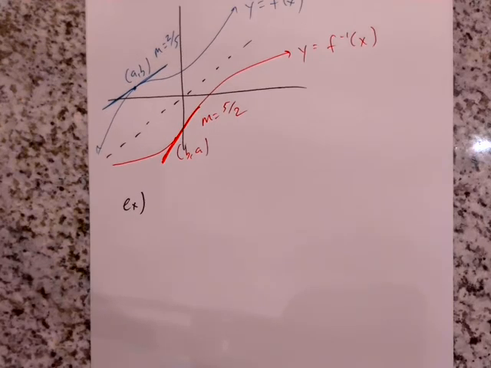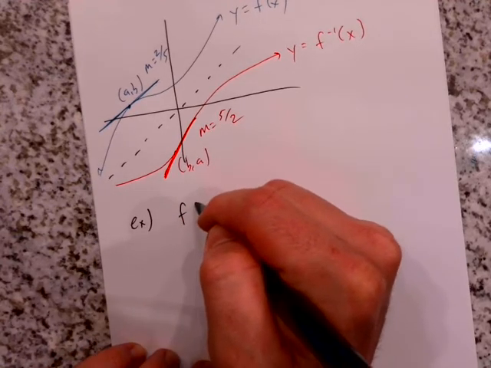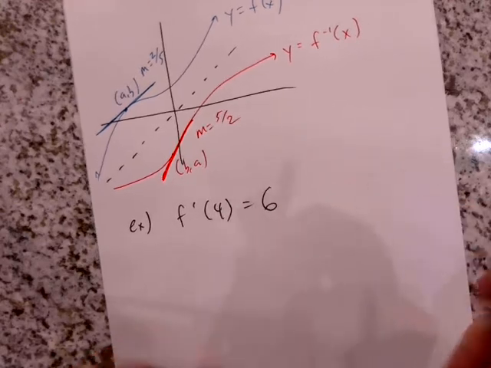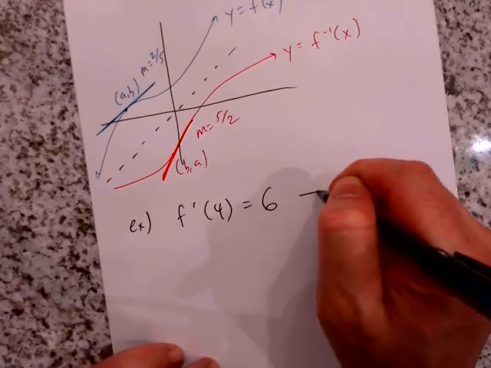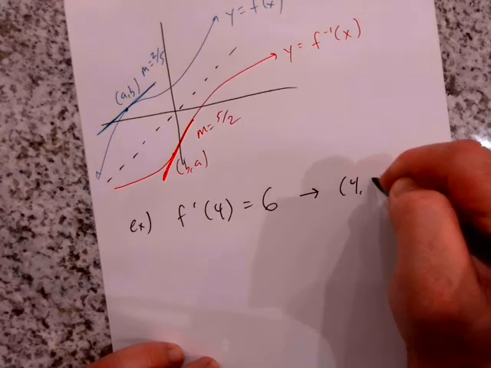To see that in a more specific example, let's say you have some function and you knew that f prime of 4 equaled 6, and that this graph had the point 4 comma 3.